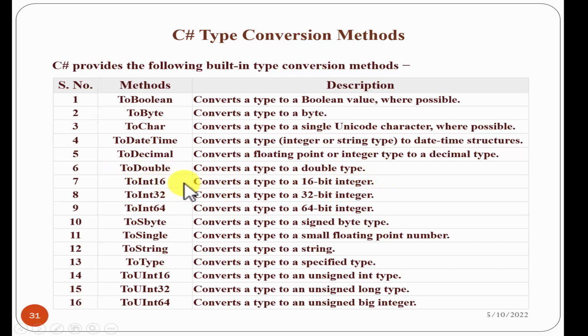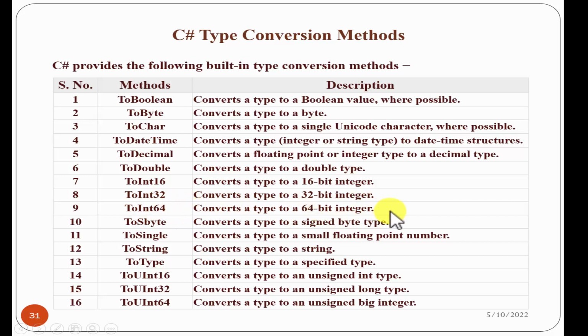So we are talking about the short. The same for ToInt32, where we are talking about 4 bytes, so it is integer. Short always consumes 2 bytes of memory. Integer consumes 4 bytes of memory. Long consumes 8 bytes of memory. Int64 is the long.